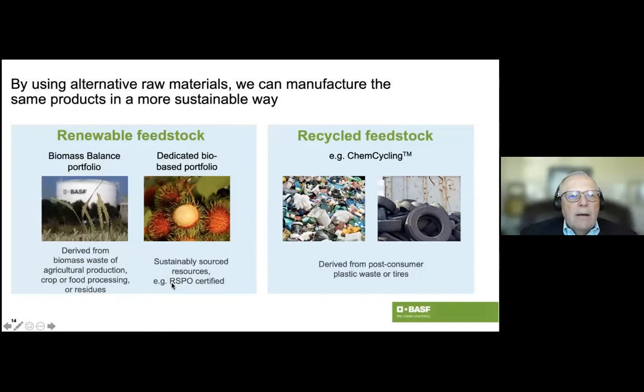And then in terms of raw materials, a couple of different routes that we're working on. One, in terms of renewable feedstocks, it could be a dedicated bio-based portfolio. The example here, I had to think of what RSPO stands for, but I think it's responsibly sourced palm oil. So palm oil is one of the feedstocks that other groups in BASF use.